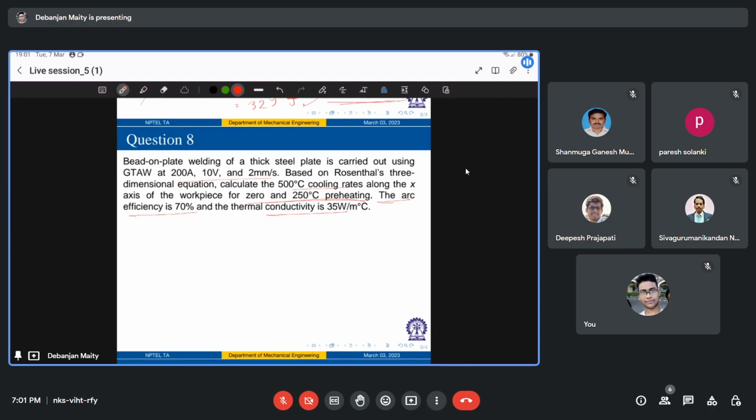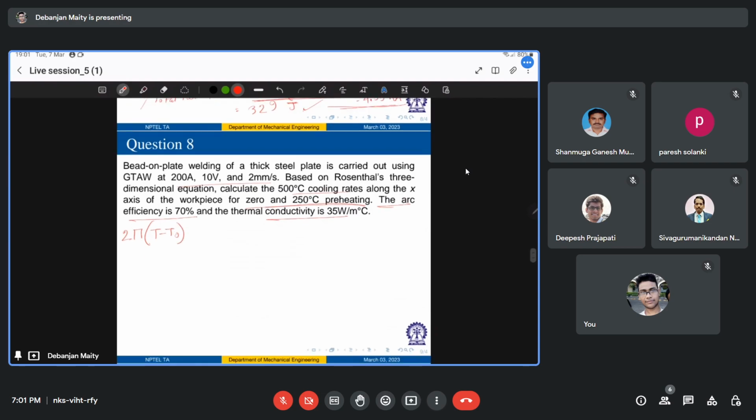Rosenthal's equation says 2 pi (T minus T naught) k r by q equals exponential of minus v (r minus x) by 2 alpha.